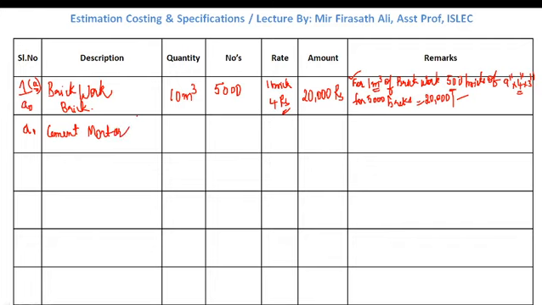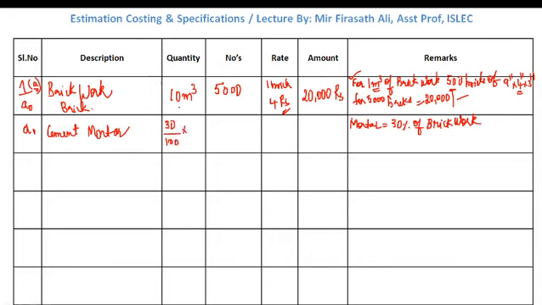How much quantity is required? Cement mortar is 30% of brickwork. We have one clause: mortar is equal to 30% of brickwork. So 30% means divided by 100, into brickwork.